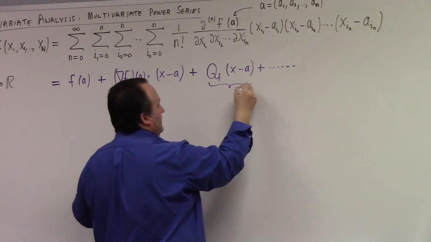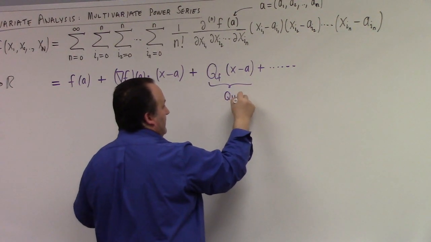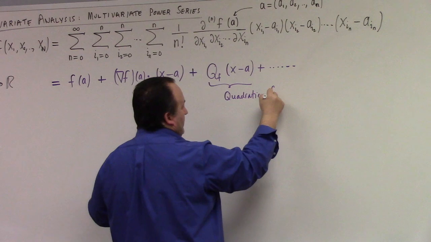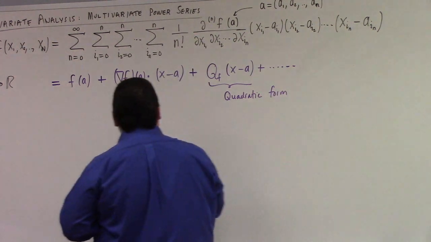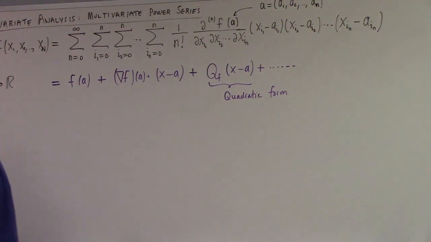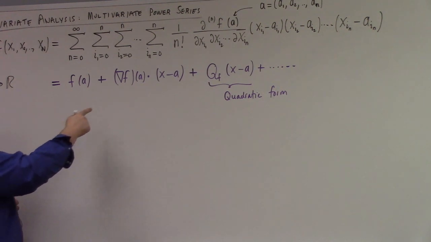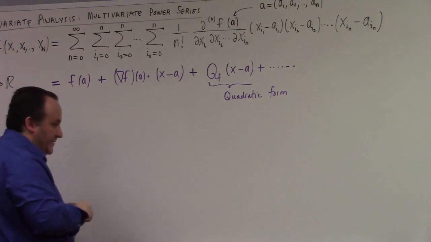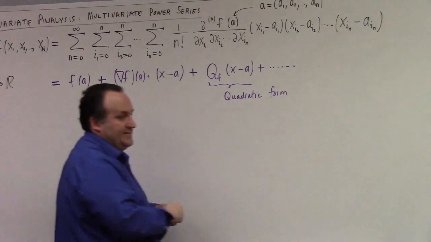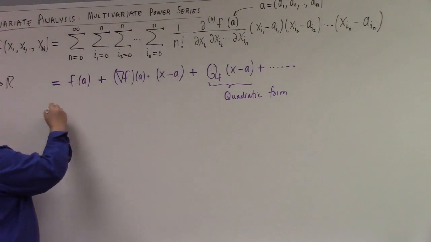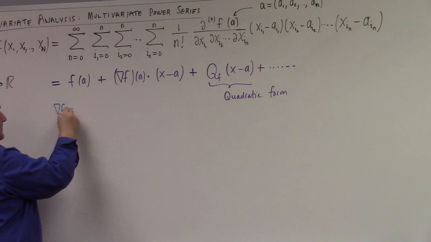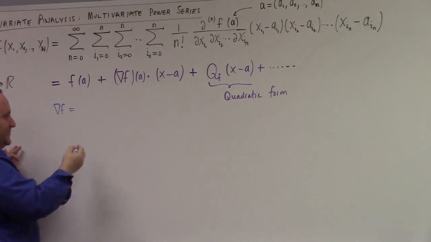So this right here is actually a quadratic form. Going back to last class, that's a quadratic form. Let me be more explicit. So the gradient of f here, you guys learned that essentially in Calc 3, most of you. If you didn't, I'm sorry. You really should have learned that in Calc 3.